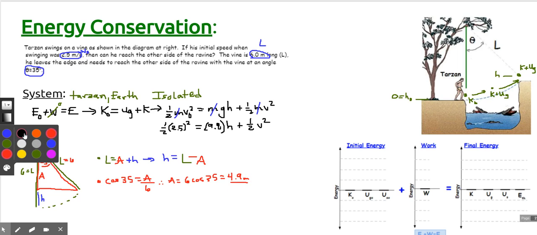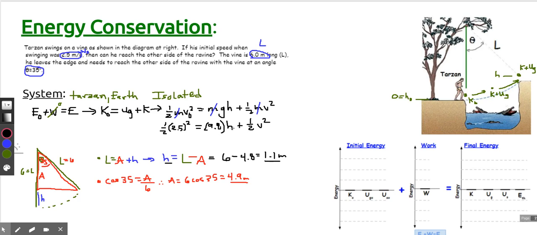So we can come back up into this thing and say, hey, we know some stuff about this. L is 6. Subtract 4.9 from it, and we get 1.1 meters for my h. So the total length is 6. We figured out that this was 4.9. So 6 minus 4.9 should equal our height that we'd have to get up to this spot.